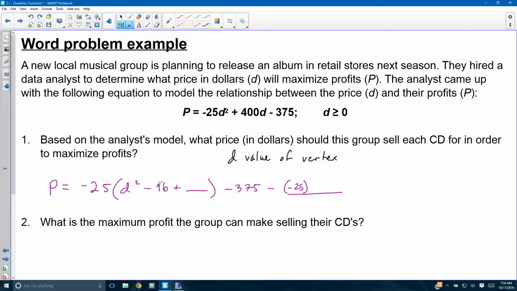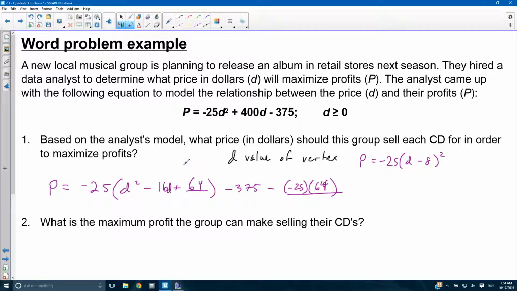This should say 16d, I'm sorry. Take negative 16 divided by 2, you get negative 8. Square it, you get positive 64. So this will be negative 25 times 64. So P is negative 25 times d minus 8 quantity squared minus 375.